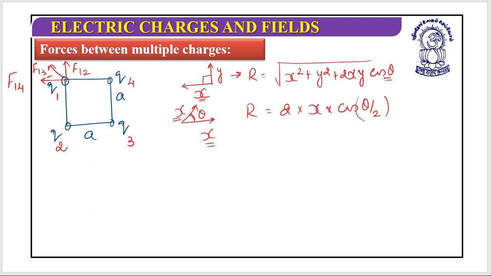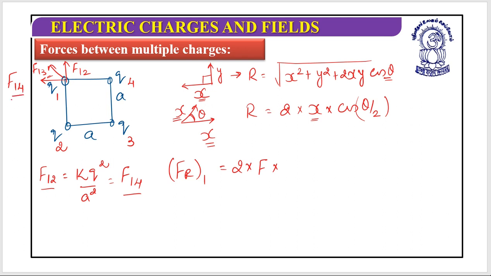So now here force on first due to second is kq square divided by a square. This is the same value as F14. So when I add up these two vectorially, as a vector summation, we find F resultant, again this is not a final answer, is equal to 2 multiplied by F into cos of theta by 2.